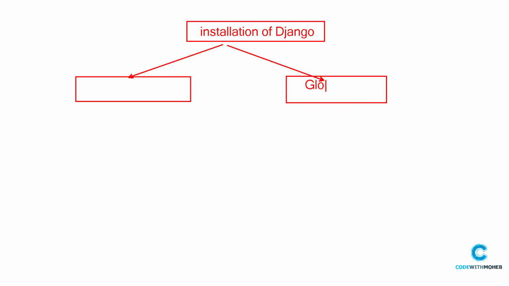We can install Django globally. In this method also we have two ways. One, we will try to install it, and then we will uninstall it.